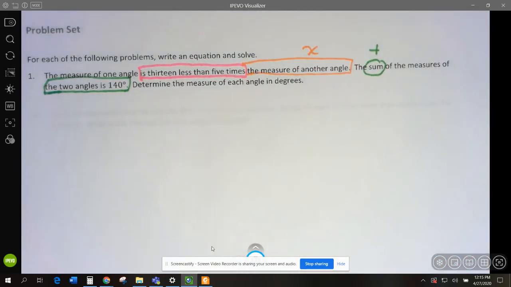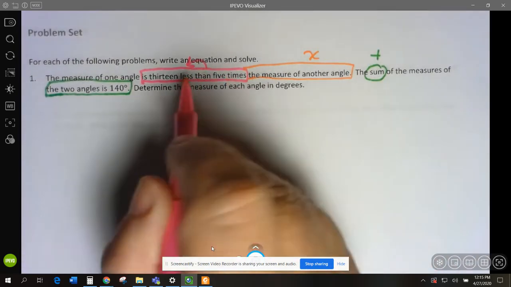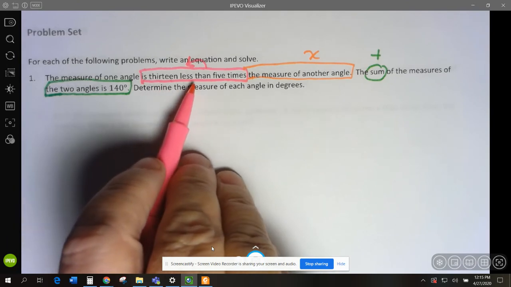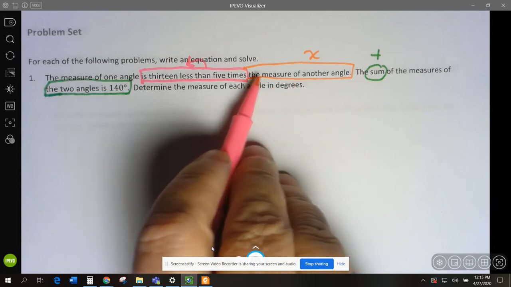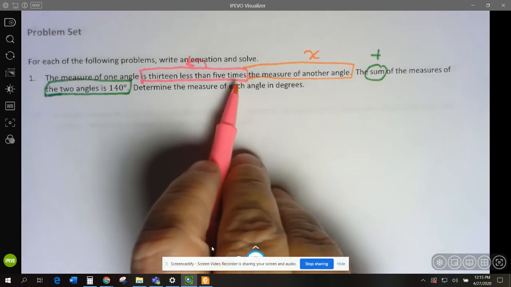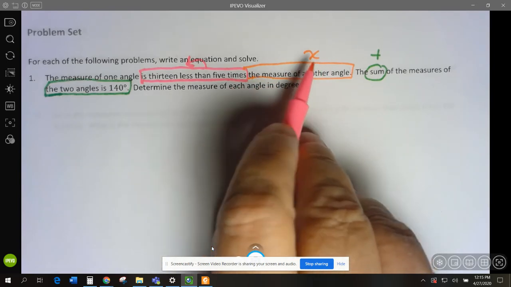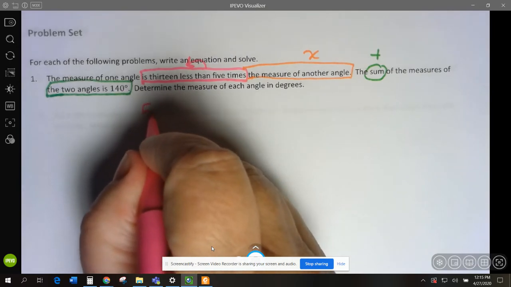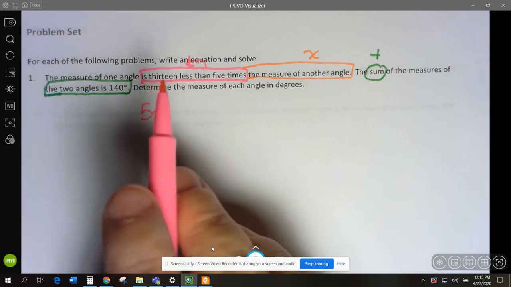So our first angle is 13 less than 5 times this. Less than is a turnaround phrase, so it's going to be subtracting 13 from 5 times the measure of an angle we're calling x. So 5 times x, and we want 13 less than that.